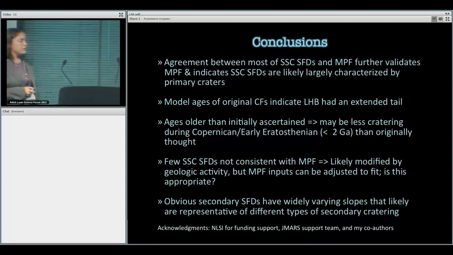Few of our distributions are not consistent with the production function, and this is likely due to geological activity. MPF inputs can be adjusted to improve the fits, but we don't know yet if this is appropriate. And obvious secondary field SFDs have widely varying slopes that are likely representative of different types of secondary cratering. Thank you.